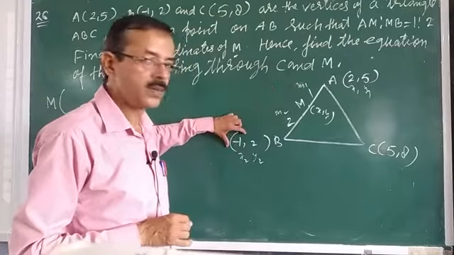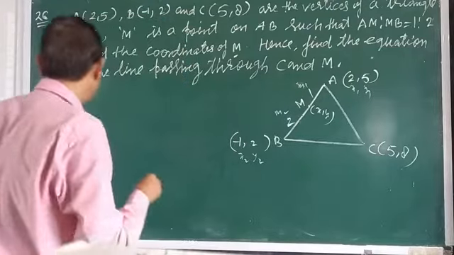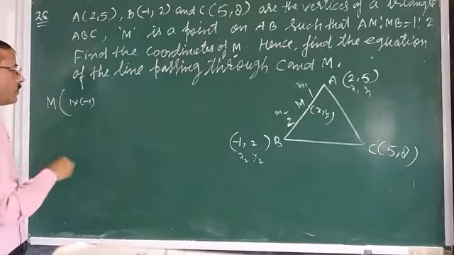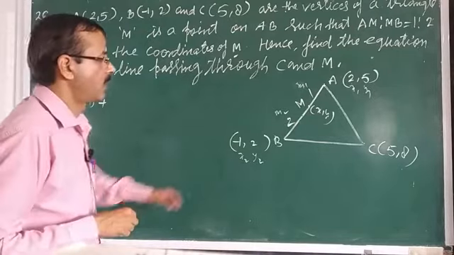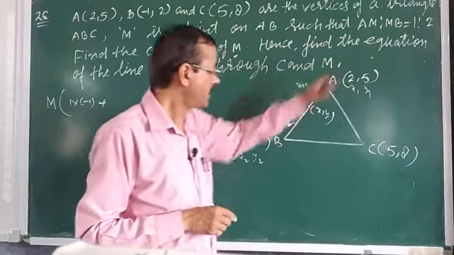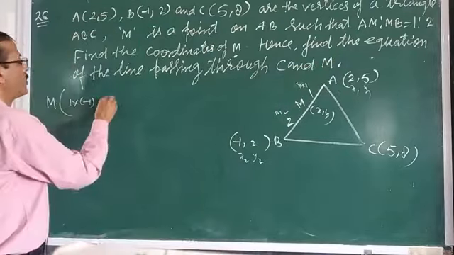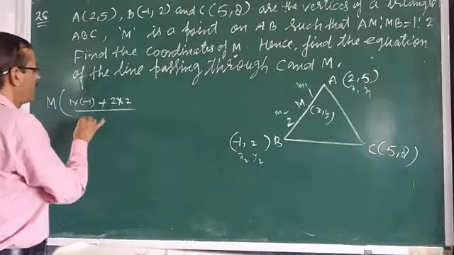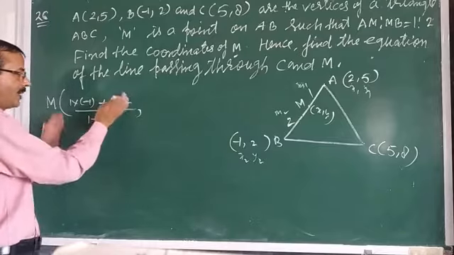So m1 x2 is 1 into -1, plus m2 x1 is 2 into 2, upon m1 plus m2, 1 plus 2. This is for the x.